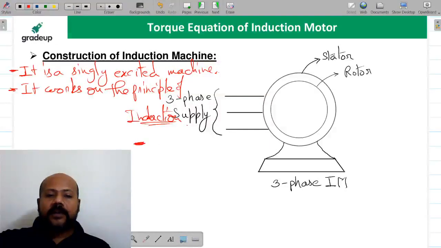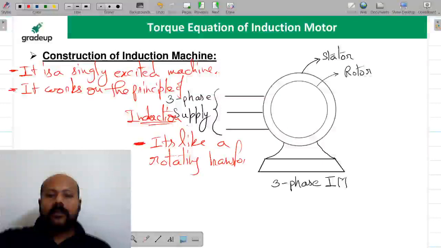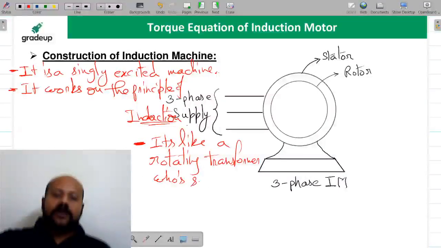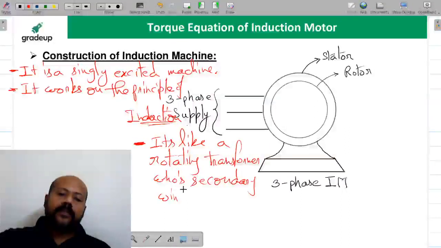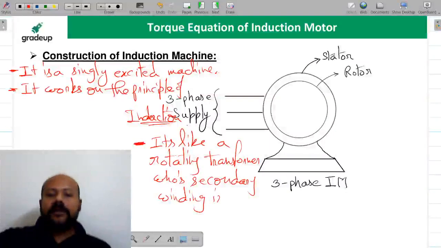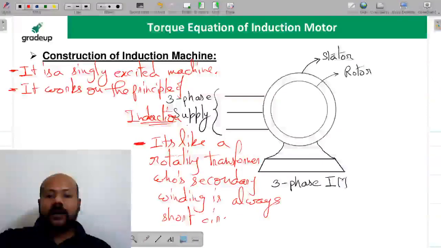Third important point, it is like a rotating transformer whose secondary winding is always short circuited.